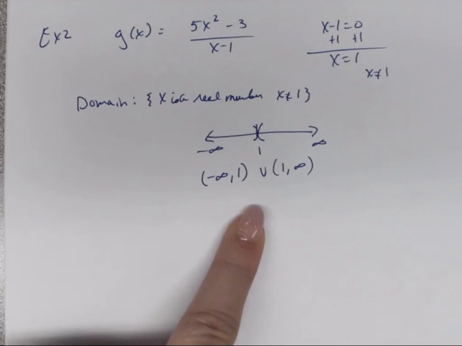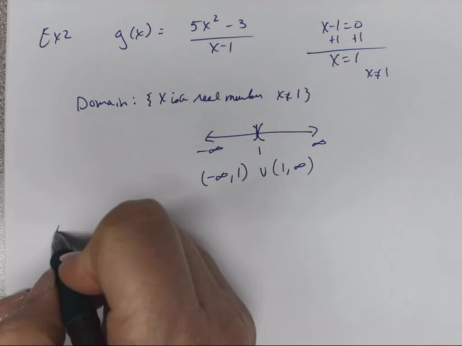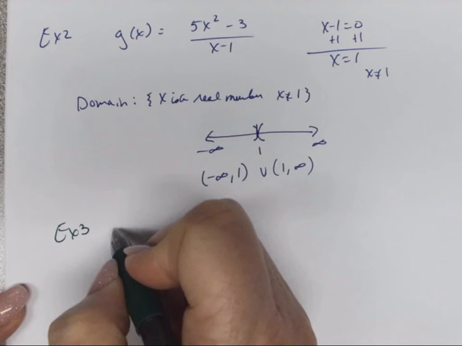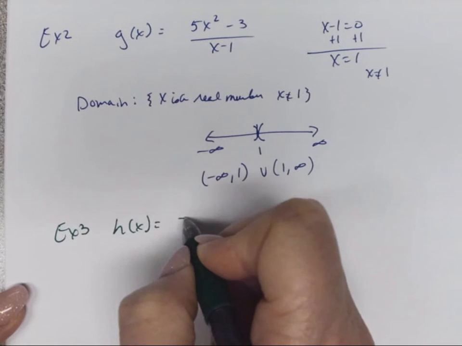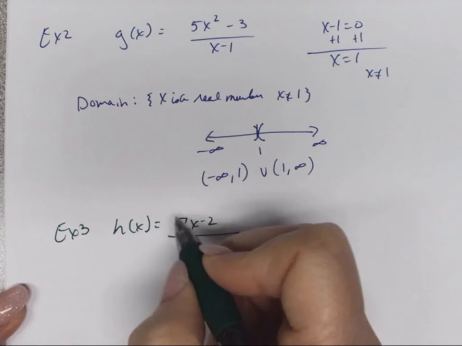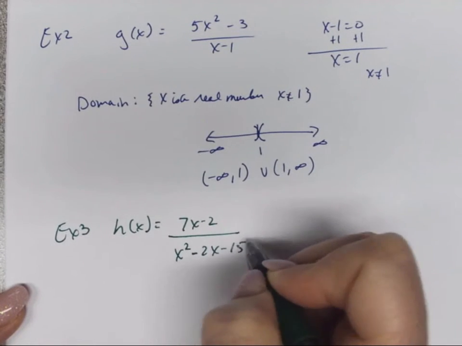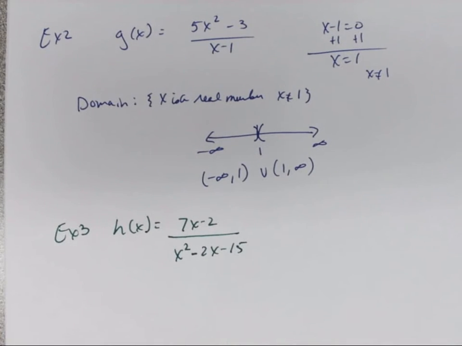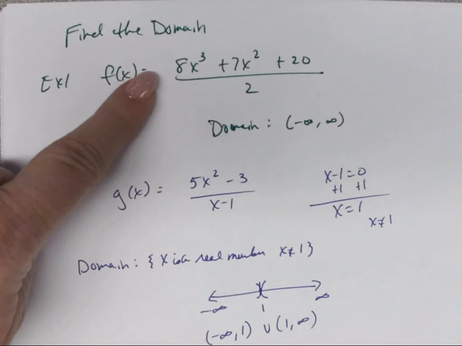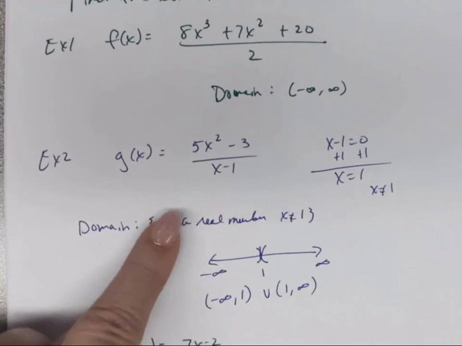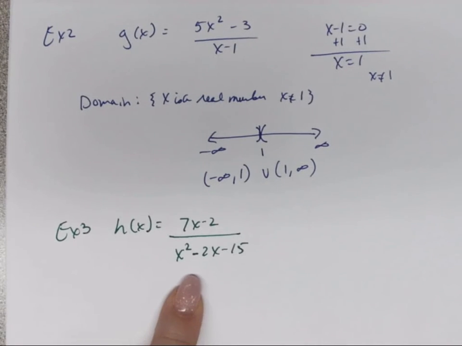All right, let's look at example 3. If we have h of x equal to 7x minus 2 over x squared minus 2x minus 15, notice we never look at the tops of the fractions because they don't have anything to do with it. It's only about not dividing by 0.